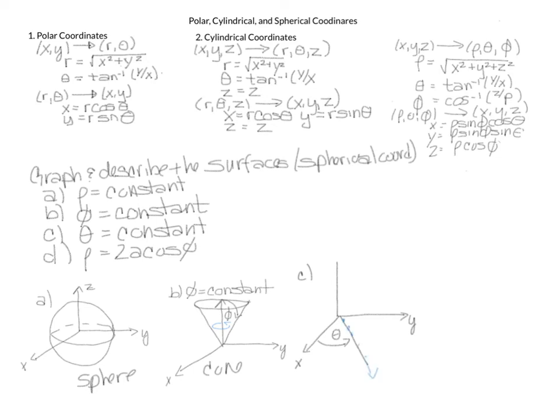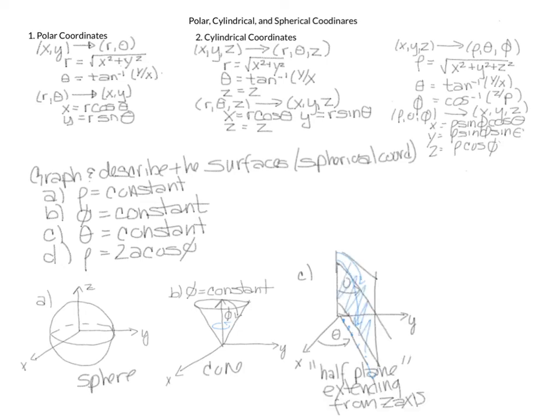And now you have phi, the angle between the z-axis and your vector, is also unrestricted, so it can be very shallow, except you do need to still be on the line of theta. Or phi can be a very large angle, but you still need to have your angle here be theta. What you get is the same half plane extending from the z-axis.